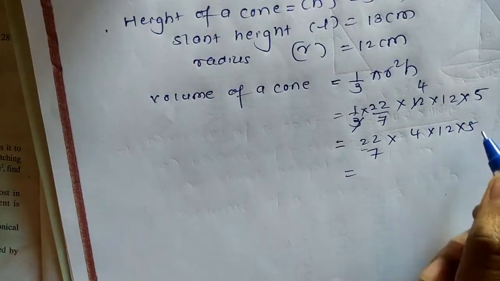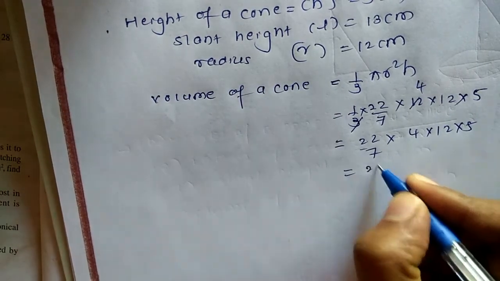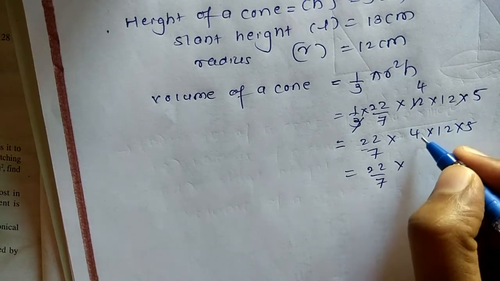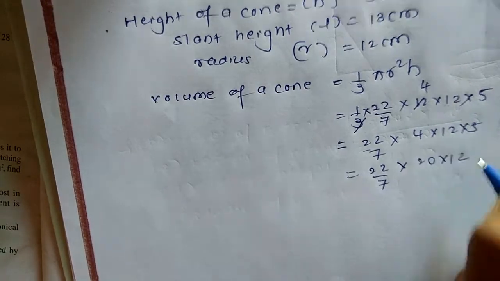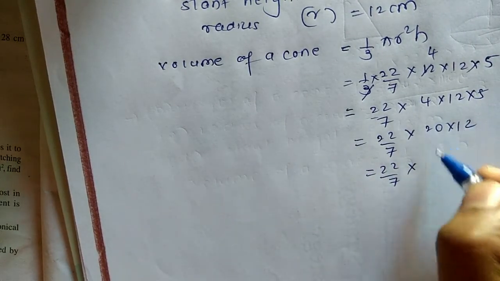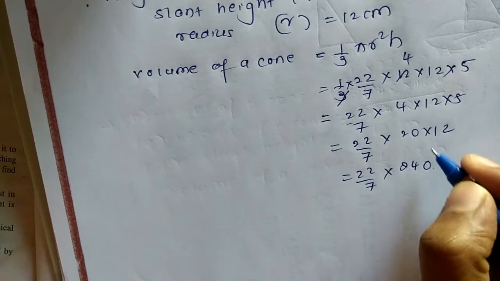You can multiply all these. First I'll multiply 5 fours are 20 into 12. So this is 22/7 into 12 twos are 24, and 0. Volume of the cone here we got.